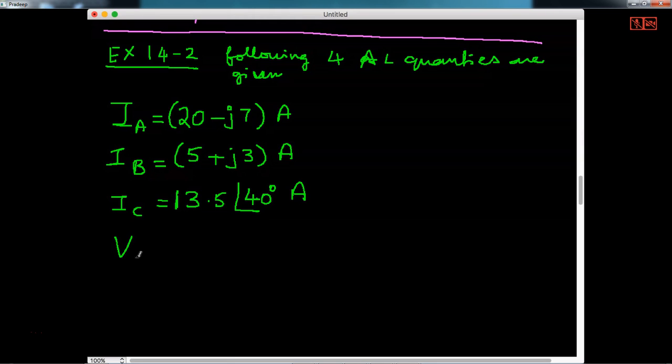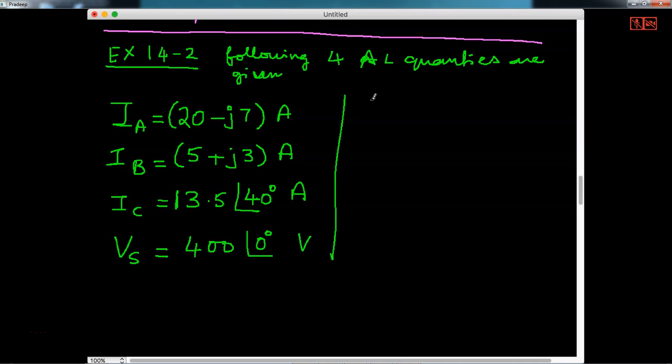So determine, first one is IA minus IB. Second one is IB plus IC.